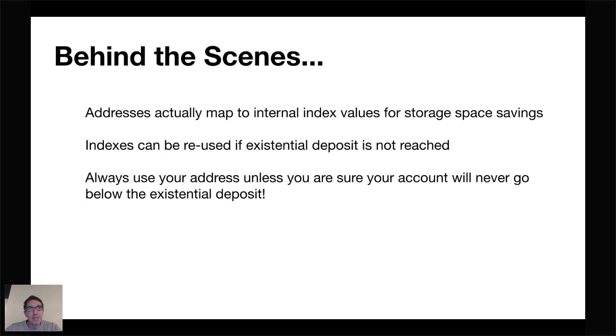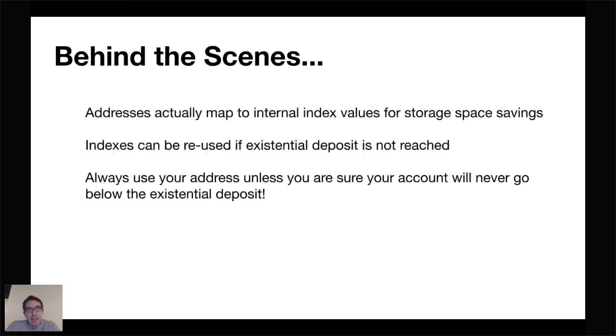So if you have less than something like 100 millidots on Kusama, you will get reaped, which means that address will no longer have an index. It's fine if you still have that address and want someone else to send you DOT to it, because it'll just generate a new index.